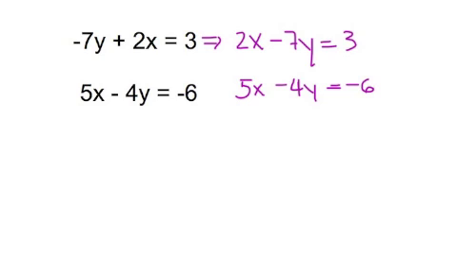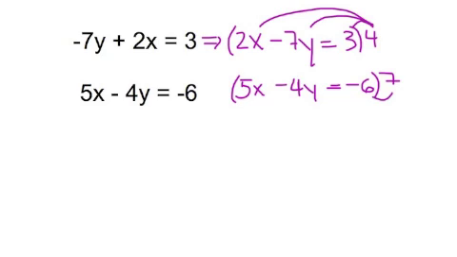I am actually going to eliminate the y first, just so that you can see that there isn't really a right or wrong answer. I'm going to take the top equation and multiply it by 4. So every term is going to be multiplied by 4. I'm going to take the bottom equation and multiply it by 7. So every single term is going to be multiplied by 7.